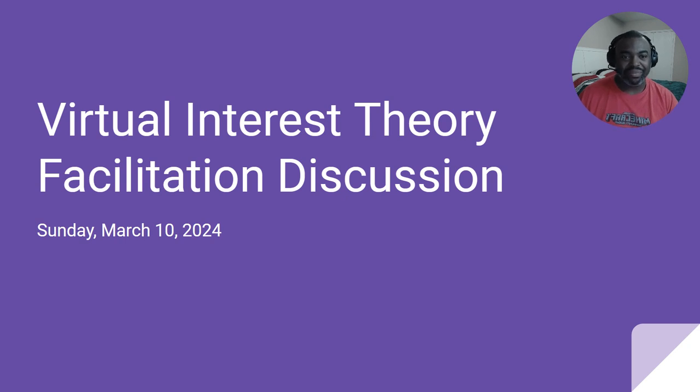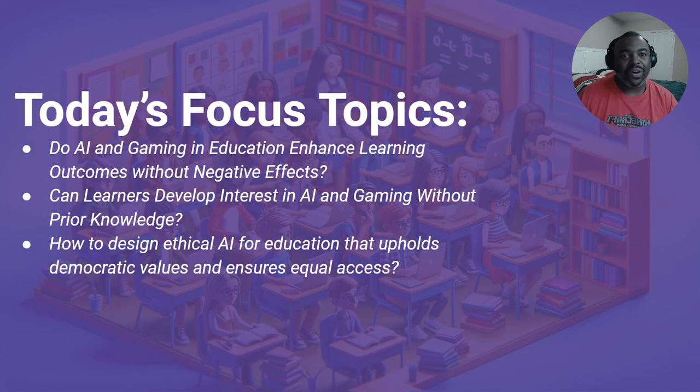Let's get started. Today, we're going to focus on the following topics that you have asked so far. With gamification research in education settings involving students showing mixed results, and AI and learning outcomes, do these tools and AI facilitate interest theory without any cost or detrimental effects to the learners?